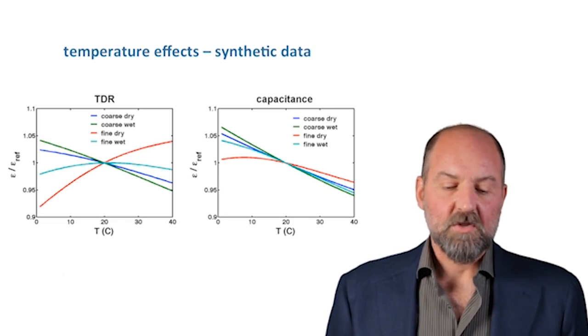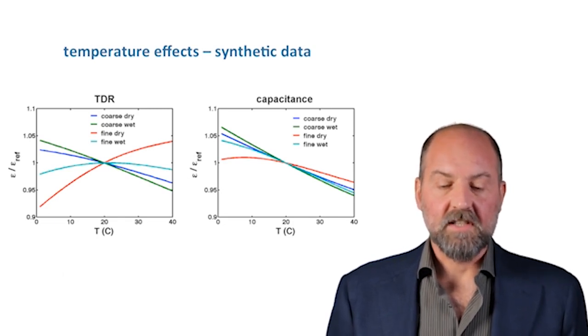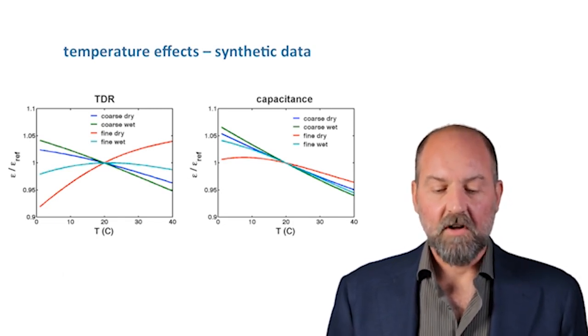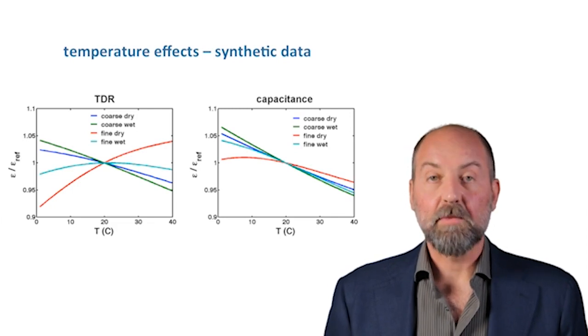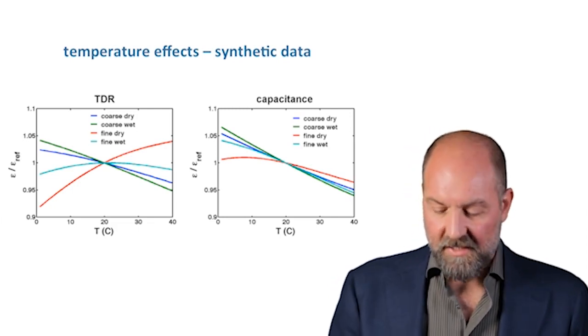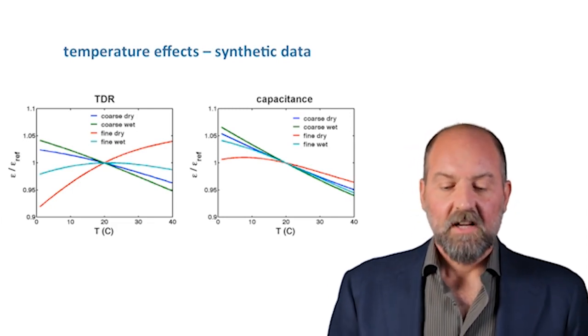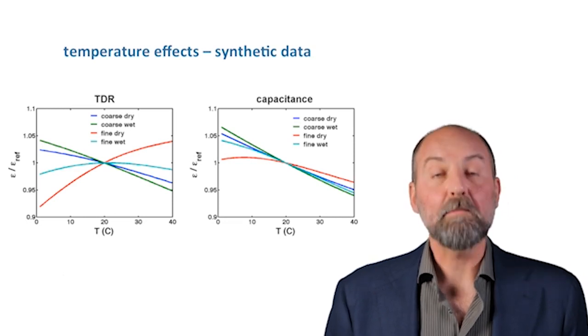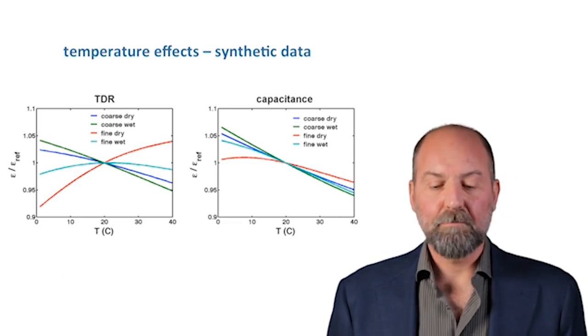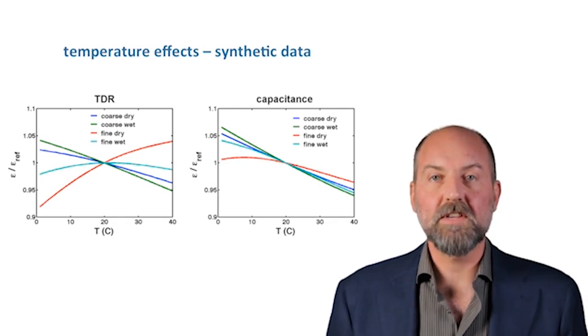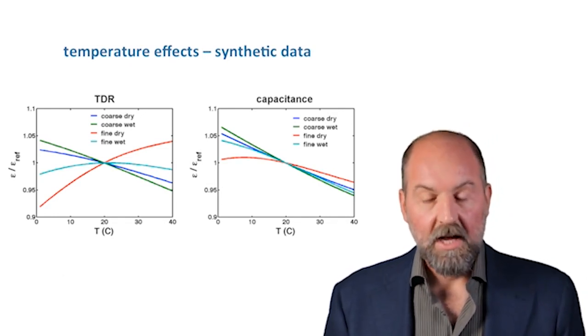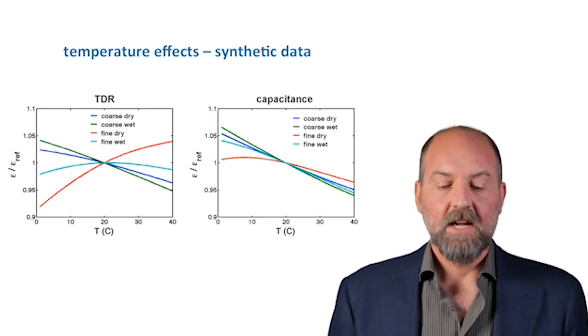And so we just consider the variation of that estimate relative to the value at 20C when temperature changes between 0 and 40 degrees. Now for TDR systems, the temperature effect may have a positive or a negative sign. In other words, the permittivity may go up or may go down as temperature increases.